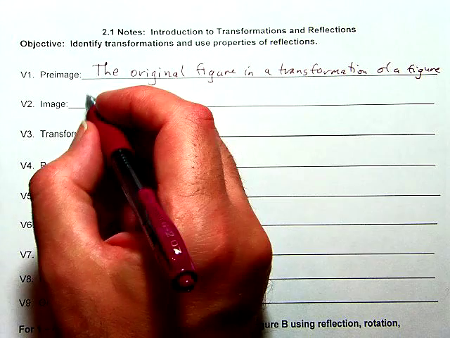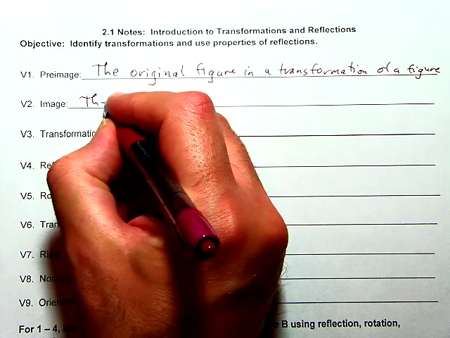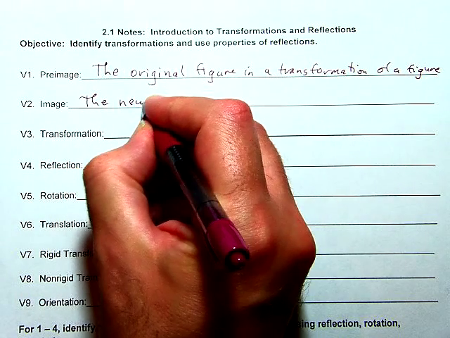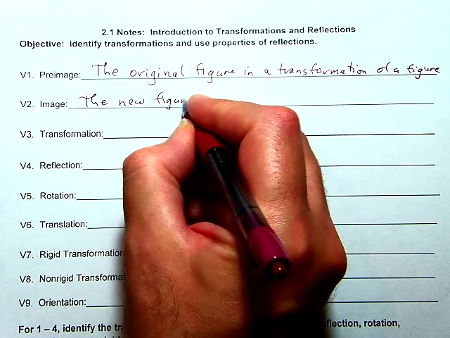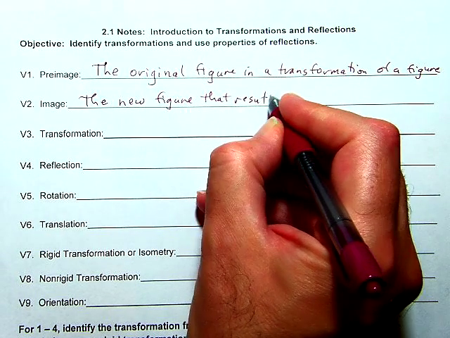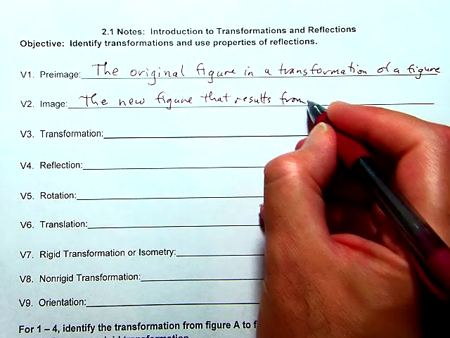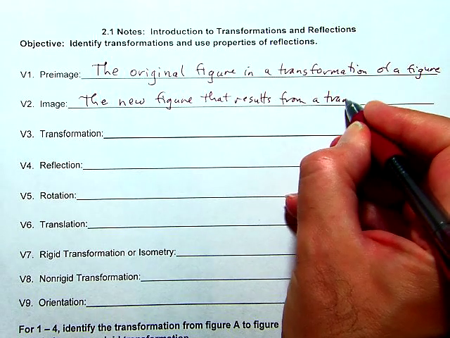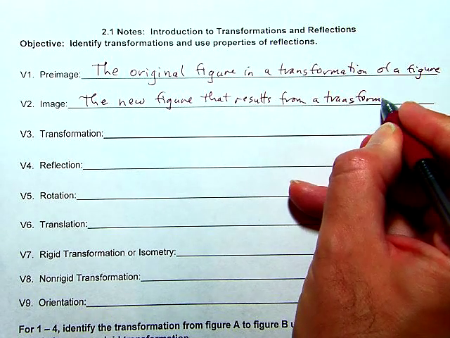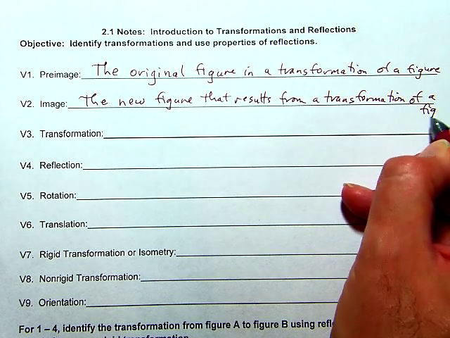The image is a figure that is the output of the transformation. Or we can say the image would be the new figure that results from a transformation of a figure, geometrical figure.